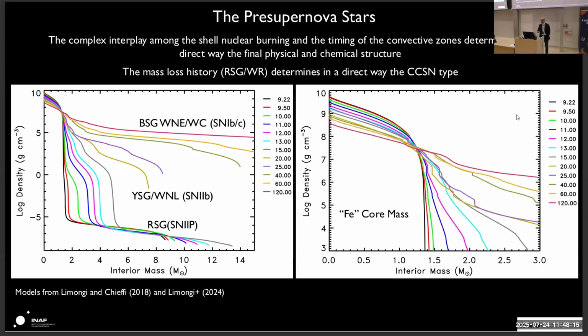Okay, this is the density profile of all these models at the presupernova stage. You see the transition from red supergiant to blue supergiant progenitors, and the transition is around 20-25 solar masses. So we do not predict stars exploding as type II plateau supernovae with mass larger than 20 solar masses.